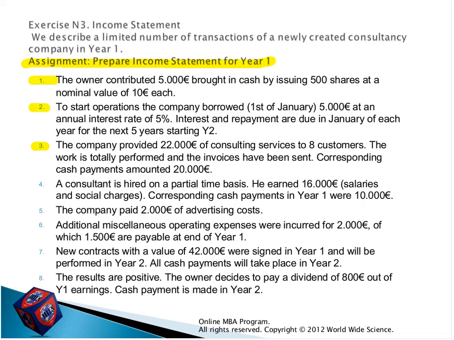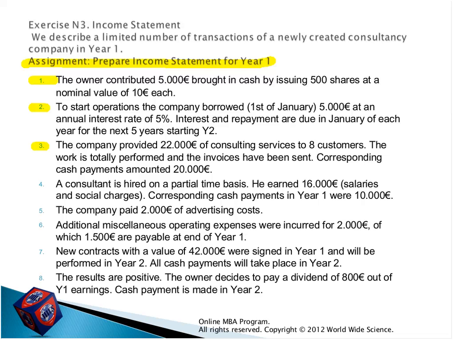Next one: the company provided 22,000 euro of consulting service to 8 customers, and the work is totally performed and the invoices have been sent. So firstly, the company already made some actions to sell, to offer the services. It means it already realized some services, already issued the invoices and sent them to the customers, right?